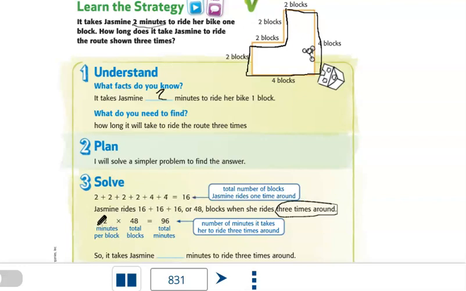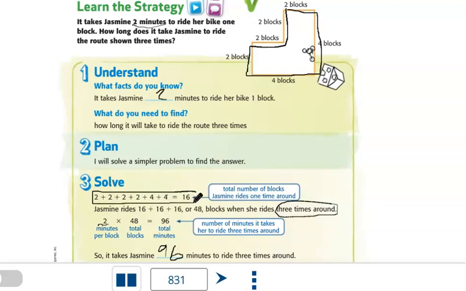Now, if it takes her 2 minutes to ride each block, we're going to do 2 times 48, the number of blocks she's ridden 3 times, and we're going to get 96 total minutes. So it takes Jasmine 96 minutes to ride around 3 times. And basically here was where we did the easier problem.